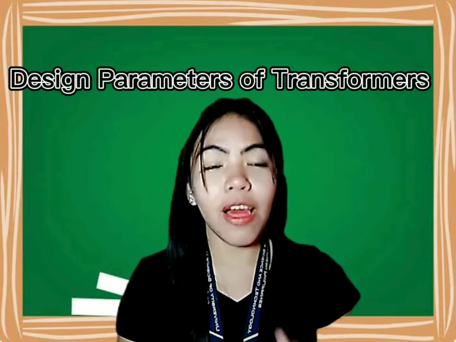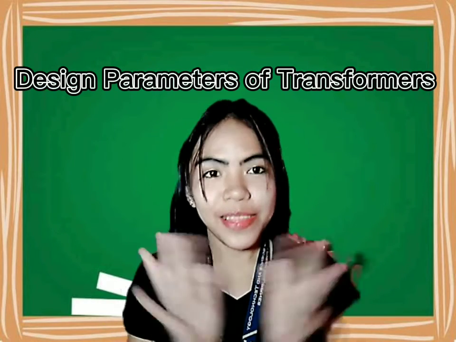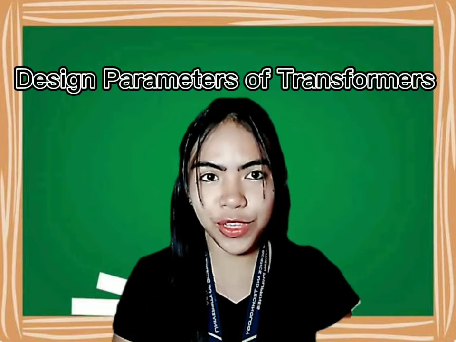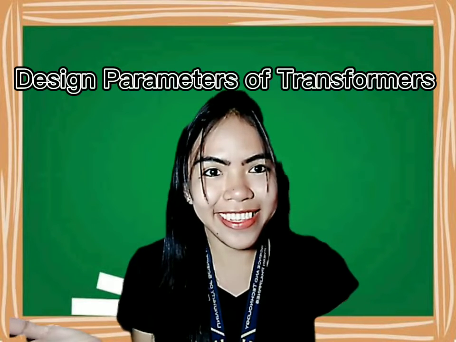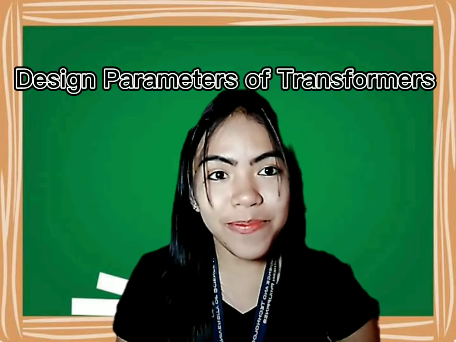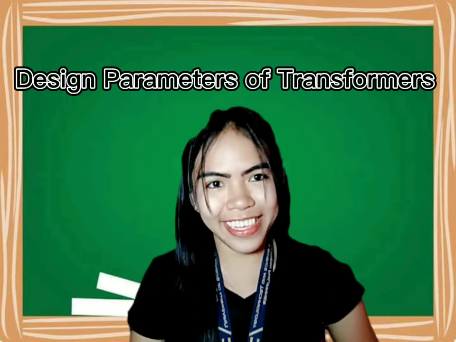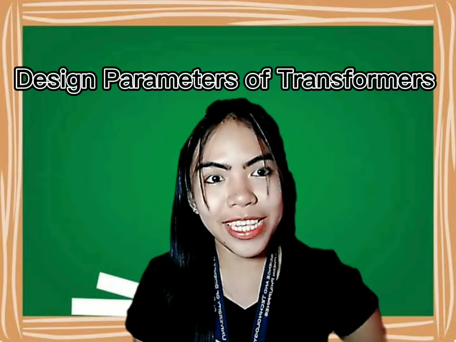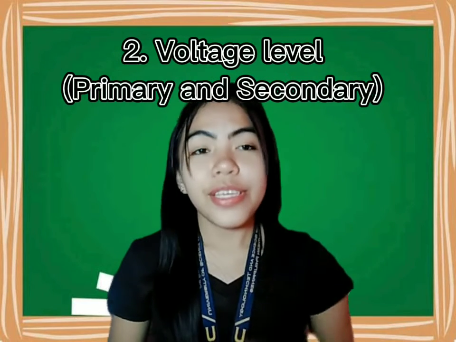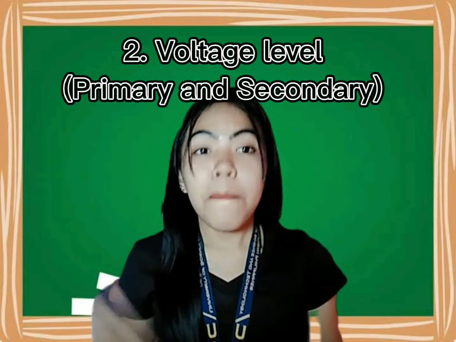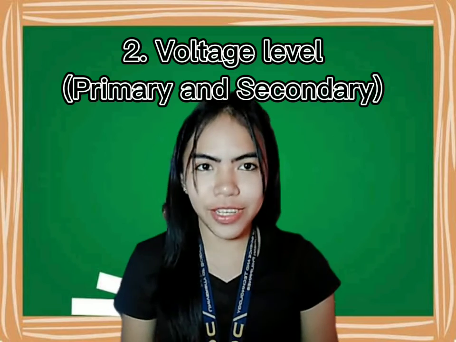Now, let's proceed to the design parameters of transformers. In designing a transformer, we need to, who can guess? Yes, exactly. First is power rating. Second is the voltage level, primary and secondary.